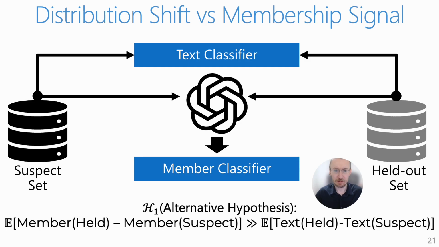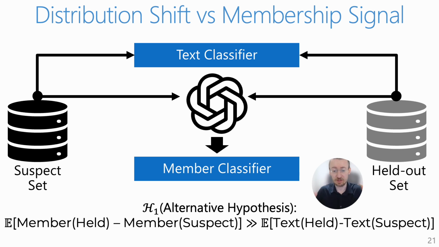And here for the final statistical test, we set the following hypothesis, which is alternative to the null hypothesis. The membership classifier, noted here as member, should only outperform the text classifier, which is also here in the inequality denoted as text.